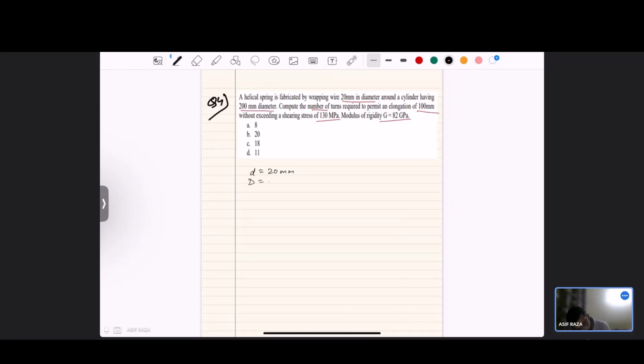Cylinder diameter is given as 200 mm, so that would be the diameter of the coil. We need to find the number of turns required to permit an elongation of 100 mm. Shearing stress is 130 megapascal. G is given as 82 gigapascal, so that can be written as 80 into 10 power 3 megapascal.